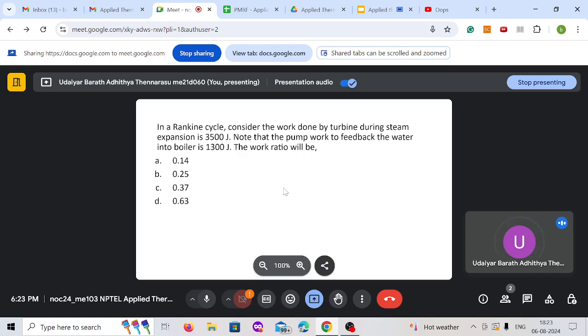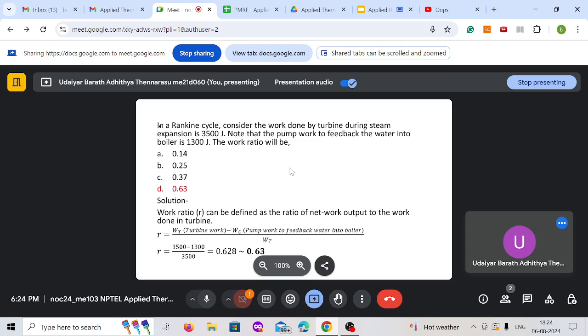So the next question is, in a Rankine cycle, consider the work done by turbine during steam expansion is 3500 joules. Note that the pump work to feed back the water into the boiler is 1300 joules. The work ratio will be. So what is work ratio? Work ratio is nothing but your net work divided by the work you are generating.